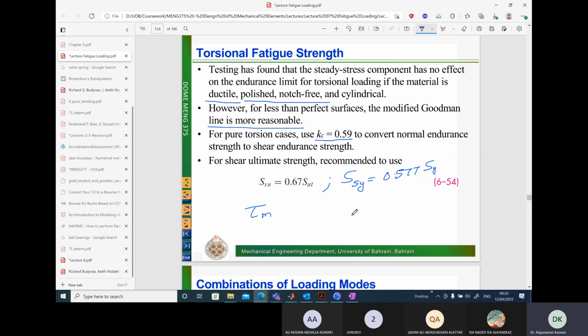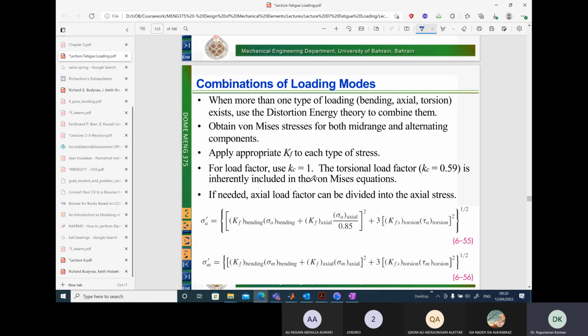What about the case where we have combination of loads? How do we deal with it? Maybe we have a bending moment load and torsional load acting together, just like a shaft. If you take any shaft, you will have combination of these loads. How do we deal with that? Just as we dealt with in the static case, we will use the same von Mises stress idea from distortion energy theory. We will use the von Mises stress idea and evaluate von Mises amplitude of stress and von Mises mean stress.